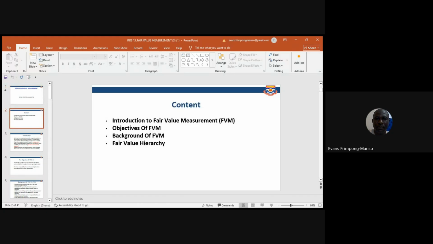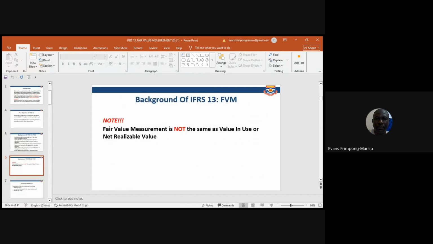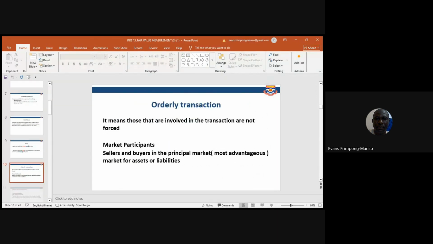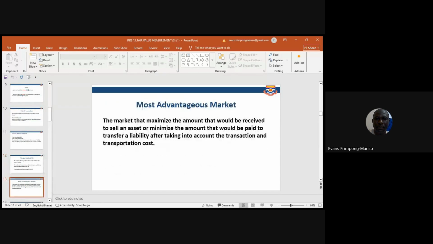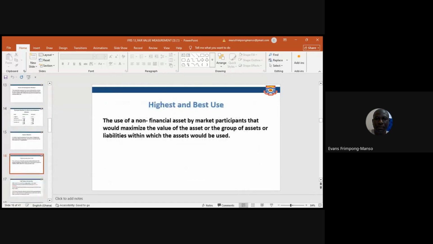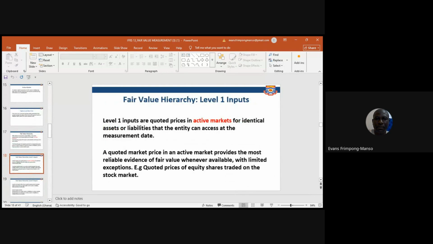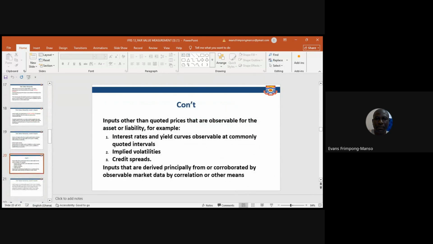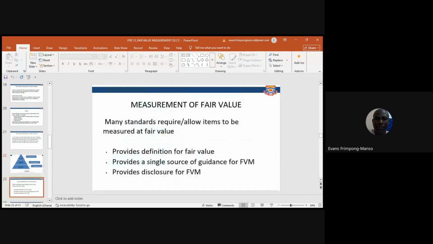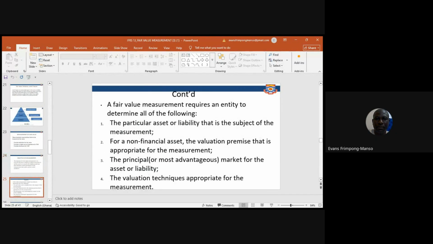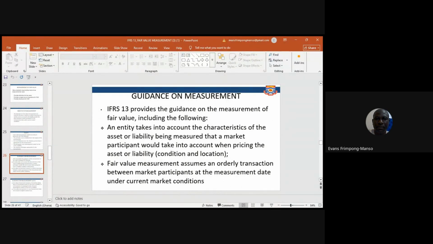Fair value measurement. So this one will be your assignment. Listen carefully. You read what is contained in this IFRS 13 and summarize it for me. Summarize it with not more than 2 pages.